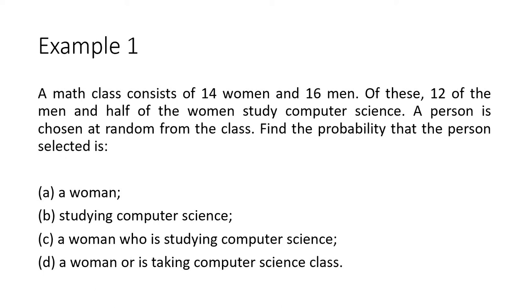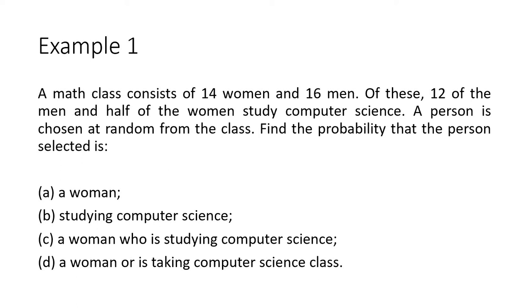Here we want both conditions to be fulfilled. First, this student should be a female student, and second, this student should study computer science. So we want to find the elements in common. We are interested in women studying computer science.